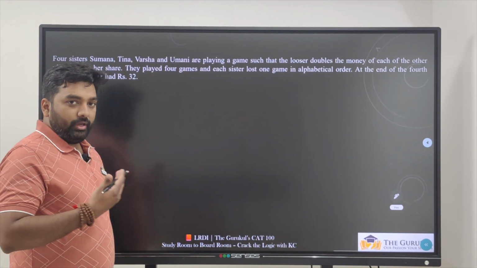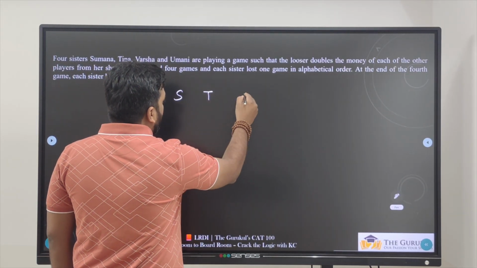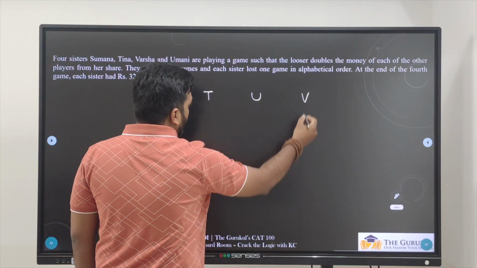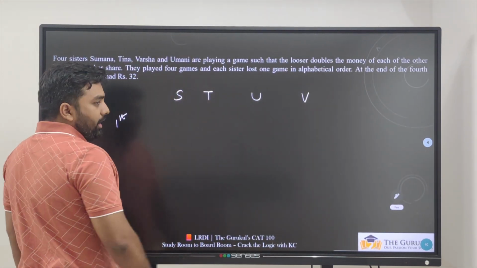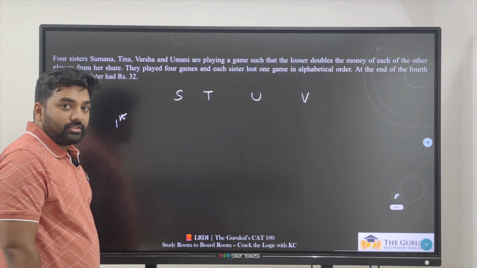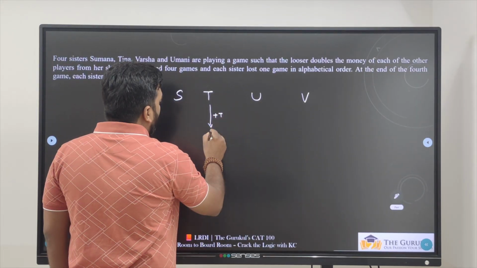If I assume initially they have S rupees, T rupees, U rupees and V rupees. First round happened. Who lost the game? S will lose the game. What will S do after losing the game? S will double the money of the other people.